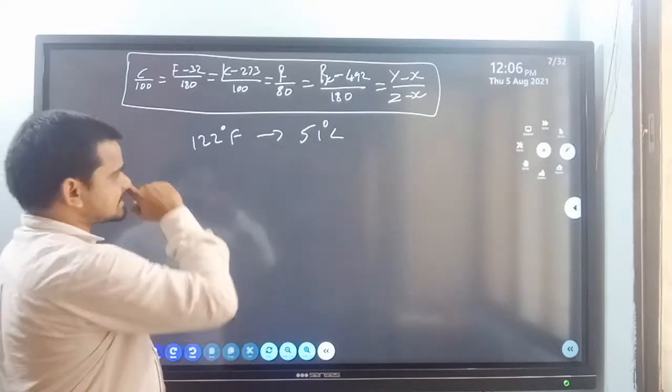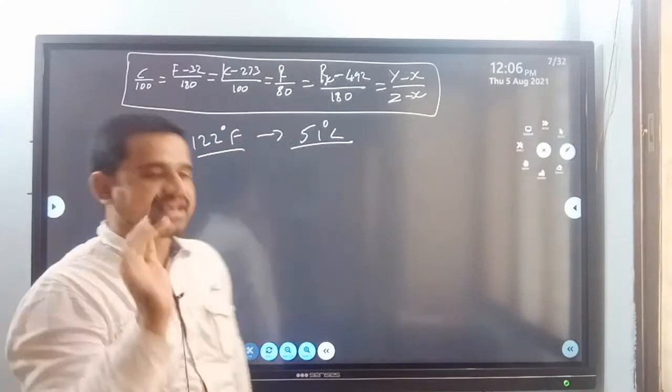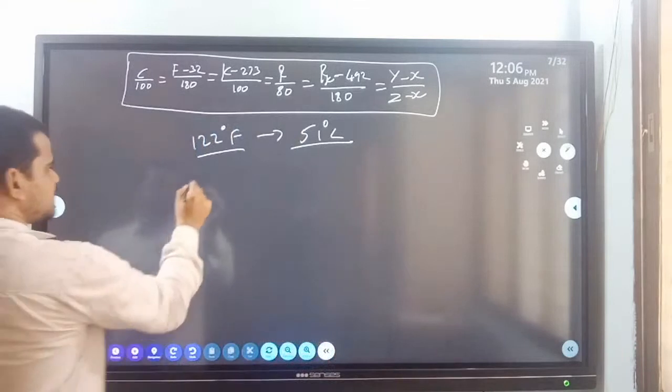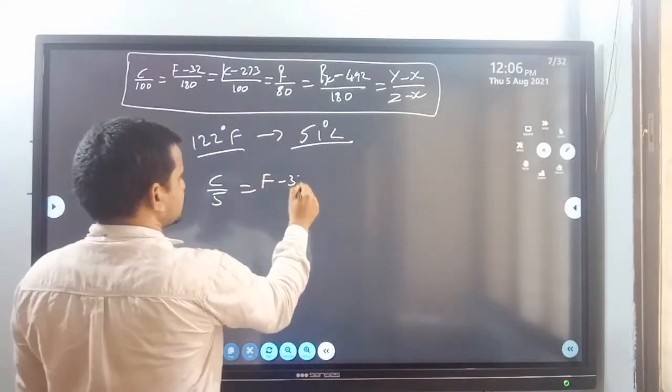That means 51 degrees Celsius is a wrong answer here. Then the question is, what is the error in the student's measurement? It may be wrong or 0, no problem here. As we calculated, C by 5 is equal to (F minus 32) by 9. We know the relation here.